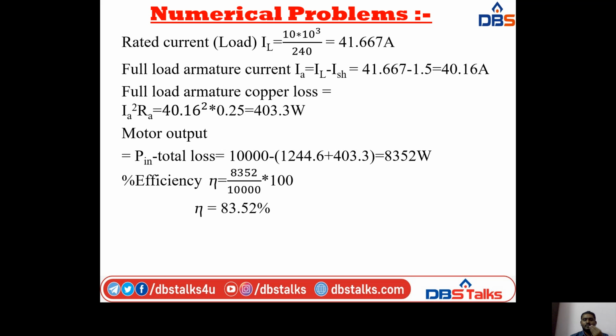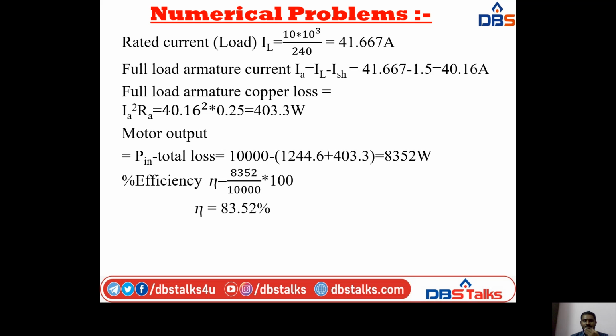Coming to the output power, the formula is input power minus total losses. In the problem they have given the power, that is 10 kilowatts. Substitute 10,000, that is 10 into 10 cube, minus the total losses, that is the armature copper loss and the constant loss.